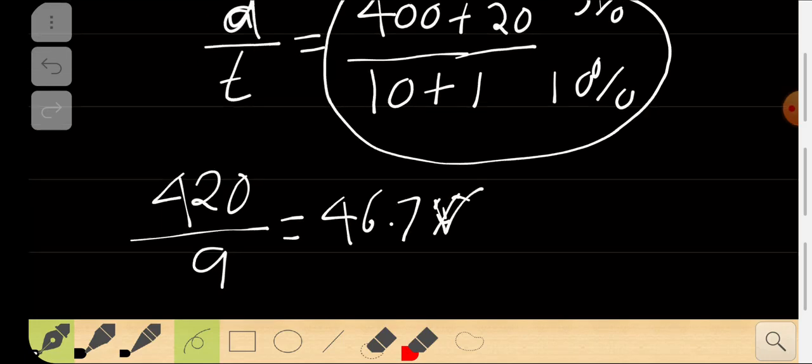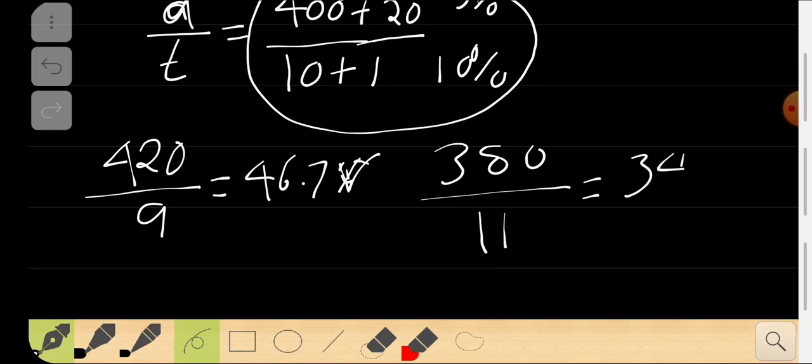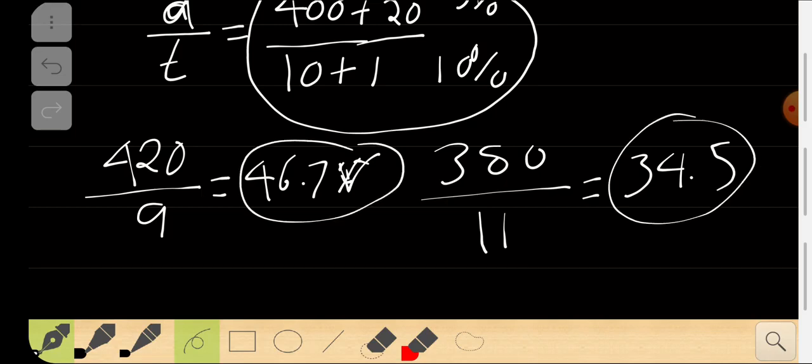And the minimum that you can get is 380 divided by 11, that will be giving you 34.5. So that's the minimum value, and this is the maximum value of velocity.